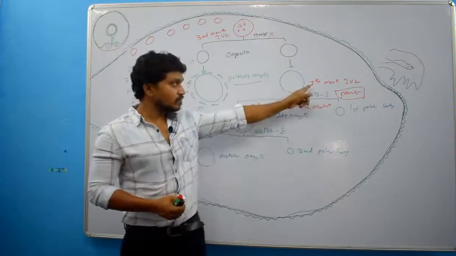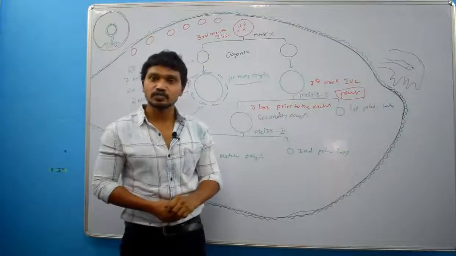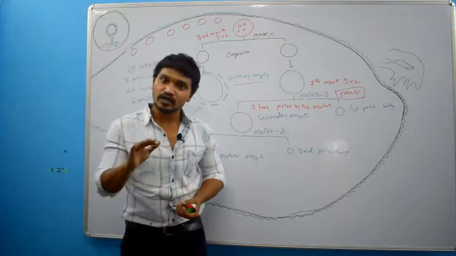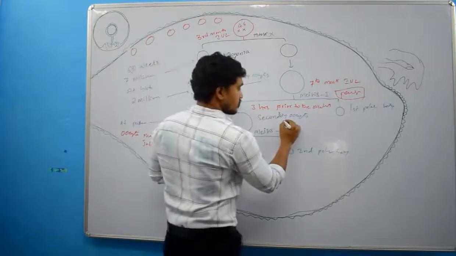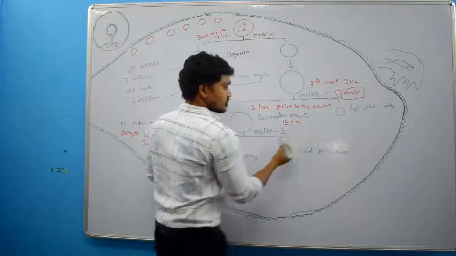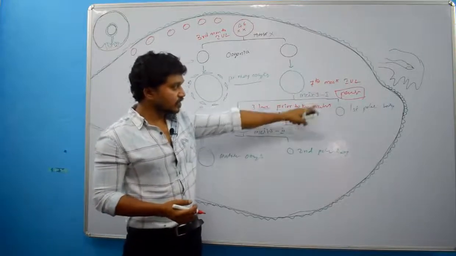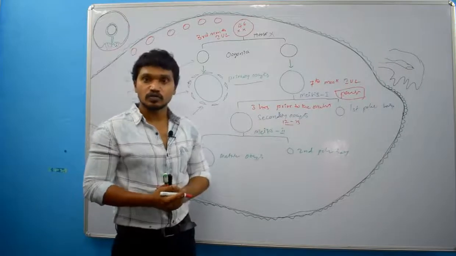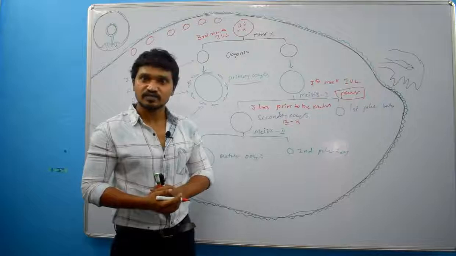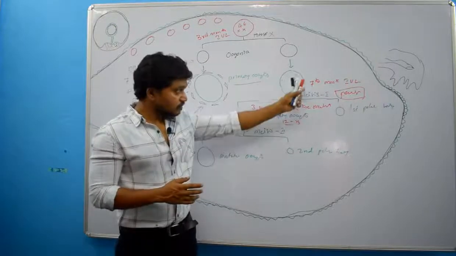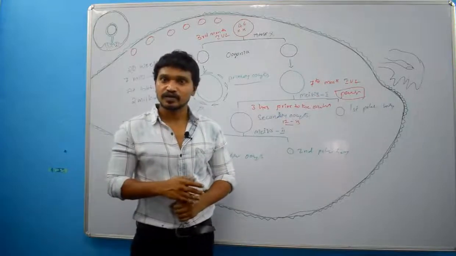What is the time gap between the 7th month of intrauterine life and 3 hours prior to the ovulation? Ovulation will occur after puberty. Is it or not? Puberty age is around 12 to 13 years. Then what is the time gap? Almost 12 to 13 years. Is it? So for that much duration meiosis will be arrested, right?